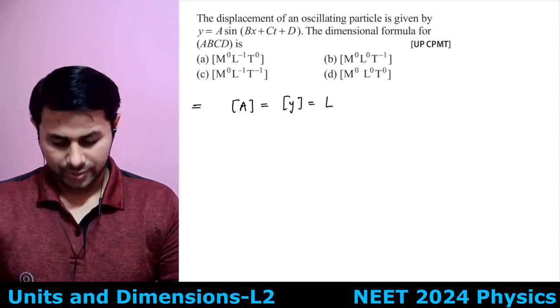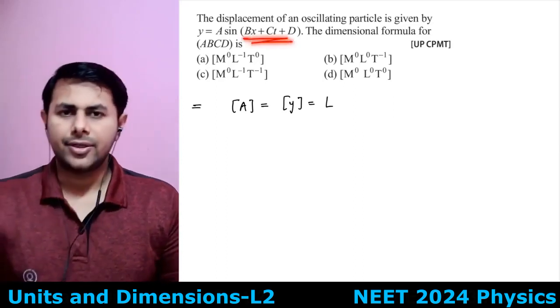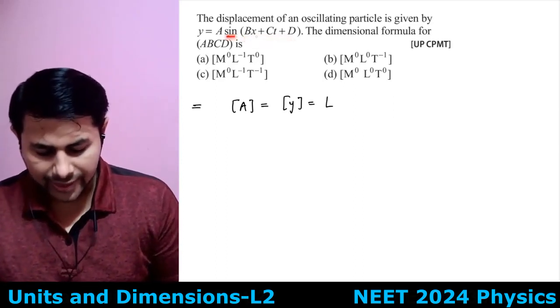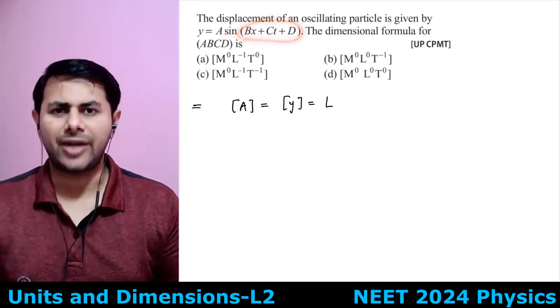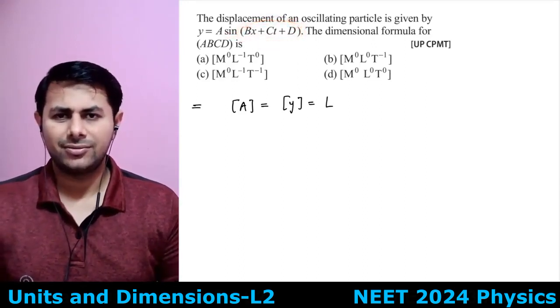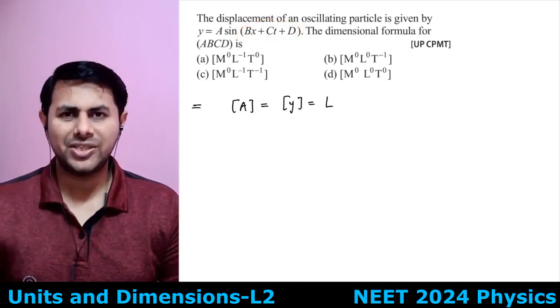Yes, sir. Okay, then in this term we have sine of something. So what could be there inside that bracket? We take sine, cosine, or tan of which thing?